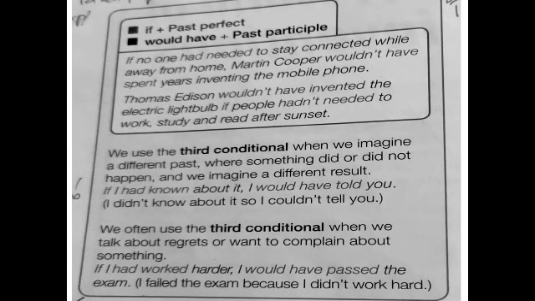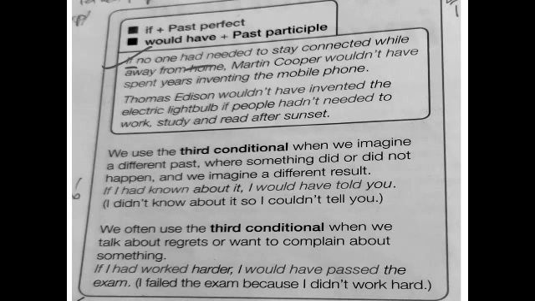Now I'm going to read the examples that are given in the book. See page 72. This example is this one: If no one had needed to stay connected while away from home, Martin Cooper would not have spent years inventing the mobile phone. Okay, you see, the if clause is there, if is there, and then had is there.